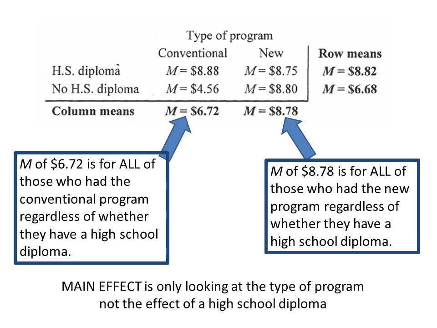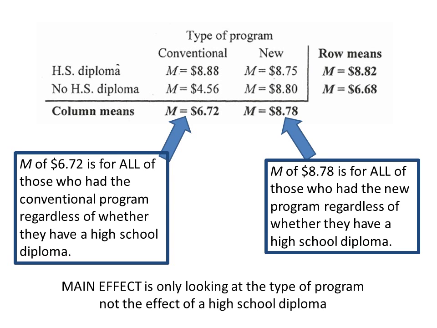So it's just based, here again, strictly on the type of program. Here again, the mean of $8.78 is for all of those who had the program, regardless of whether they have a high school diploma or not. So there again, we're not looking at high school diploma right now.